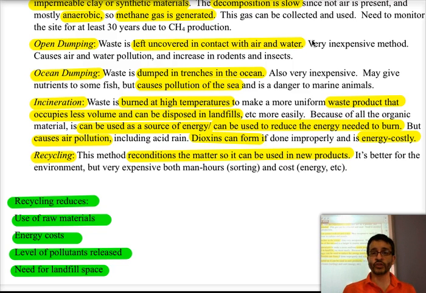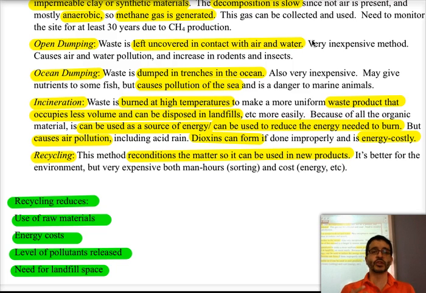Now, because most of it is organic materials, it will combust well, so you can use the organic material, the trash itself, to help be part of the fuel, or to reduce the cost of fuel for burning the materials. But you need to be very careful to have it at high enough temperatures, otherwise you will form some dioxins, which we talked about are very, very toxic.